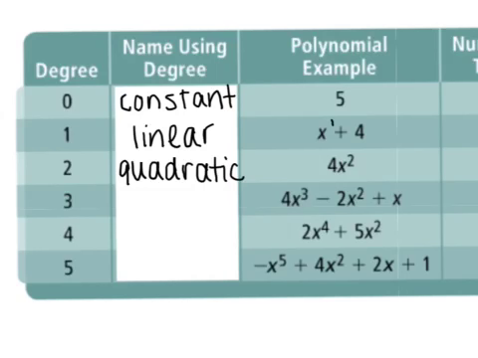If something is to the third power, it is called cubic. Now notice there is a second power and there would be a first power, but you do not name them by those. You name your polynomial by the highest power.